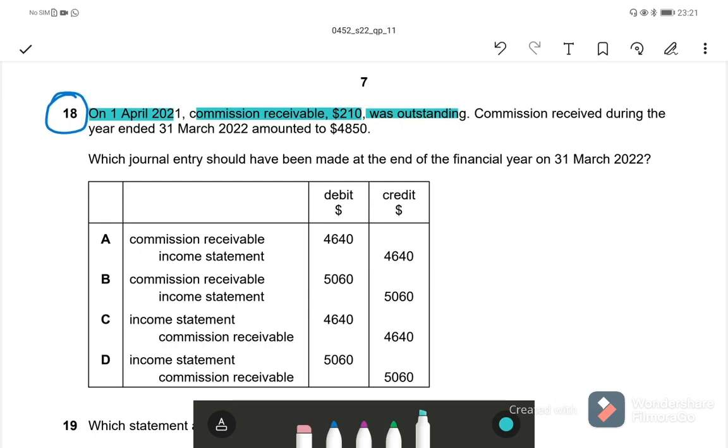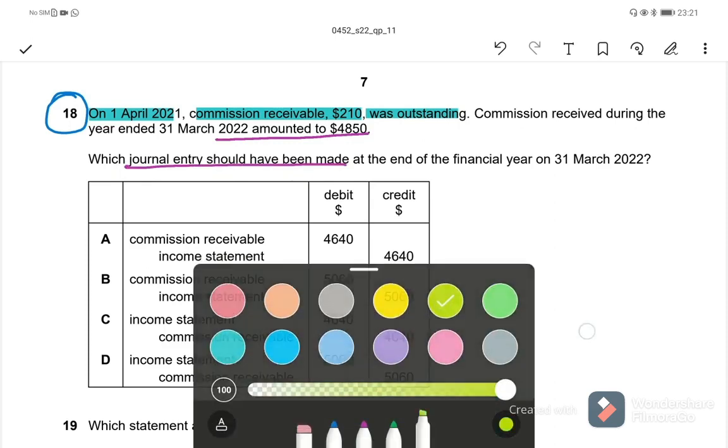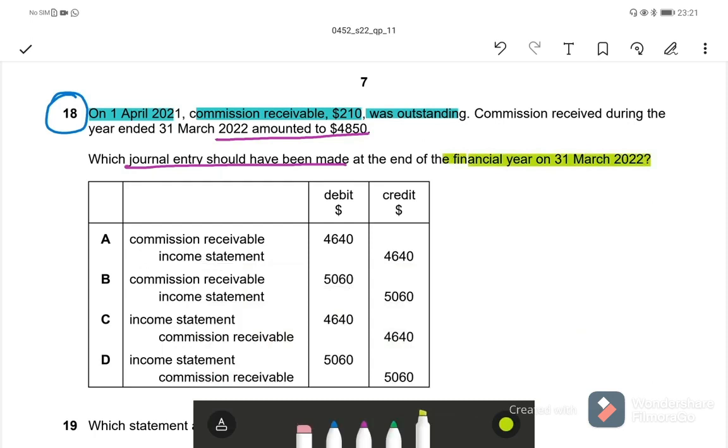Commission received during the year was 4850. Which journal entry should have been made at the end of the financial year? What is the correct journal entry?